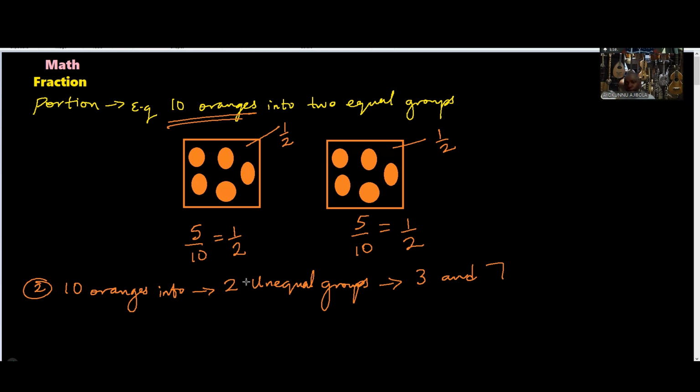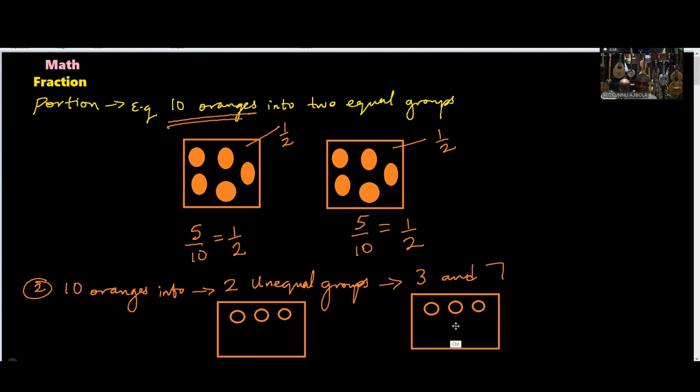So if I have my first box, I'll have 3 oranges, and in the second box, I'm gonna have 7 oranges. So I have one, two, three here. So that's 3 oranges in the first box, okay?